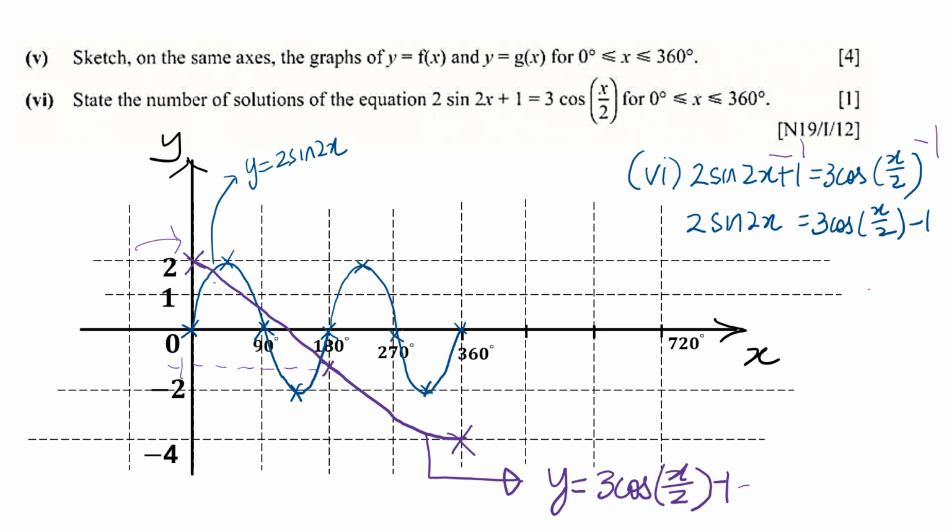So the number of solutions will be the intersection points of these two curves. And from there, we can see that there are 3 points.